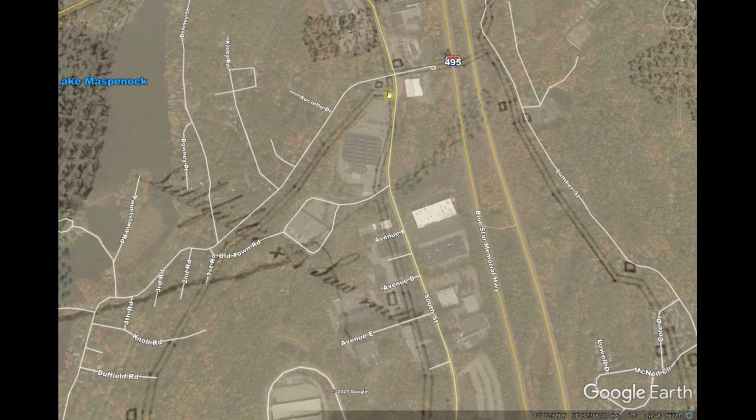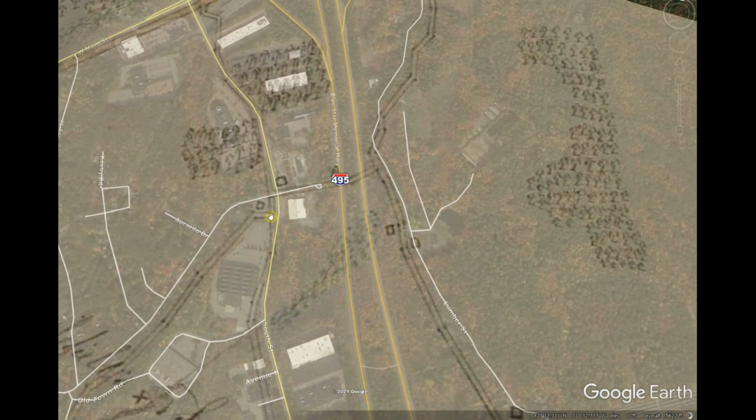So one thing of interest that we can notice here is that at one time, Hayward Street, as it crosses south and goes towards 495, before it was cut off by 495, this actually went over to Lumber Street here.